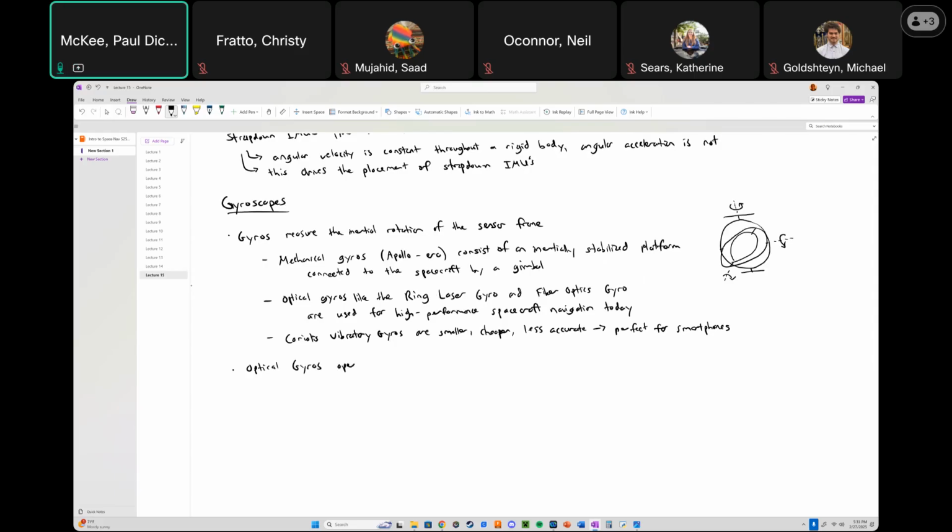Optical gyros operate on the Sagnac effect, a consequence of general relativity.